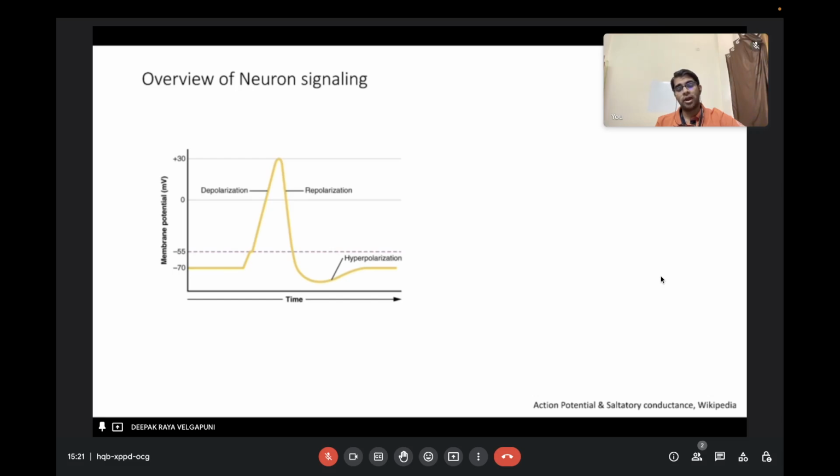This stage is called depolarization. Once it reaches the maximum level, it slowly falls, which is repolarization, and there is a small amount of hyperpolarization, and then it comes back to the resting membrane voltage. So this is how a typical action potential looks.